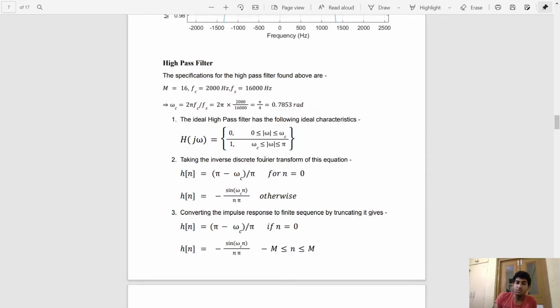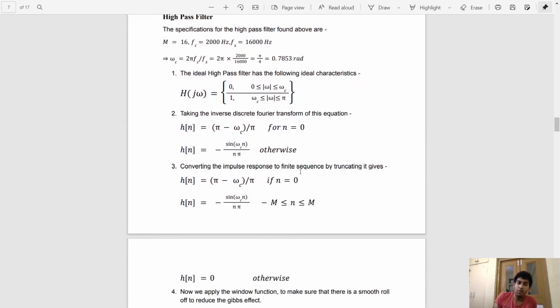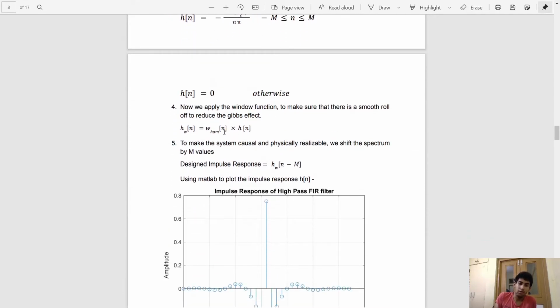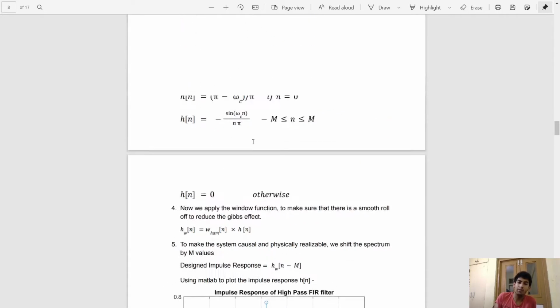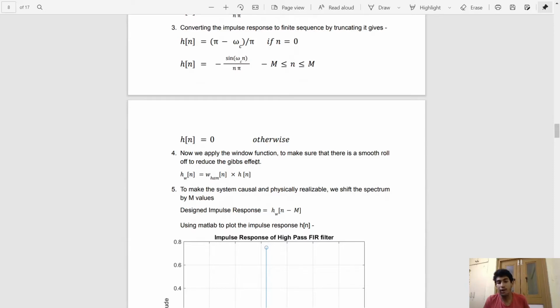Taking the inverse discrete Fourier transform, we get this, and we can convert it into a finite number of terms by truncating it from minus M to M, but this will lead to the Gibbs effect. So we'll take the Hamming window function and multiply it with the h of n that we calculated, and this will reduce the Gibbs effect by a significant amount.